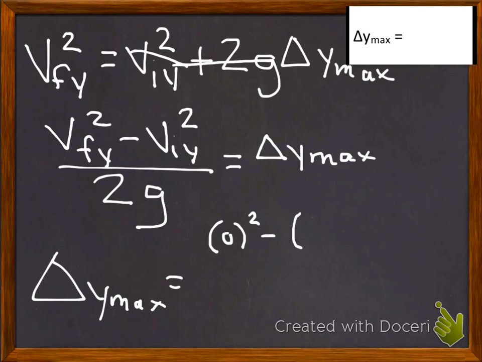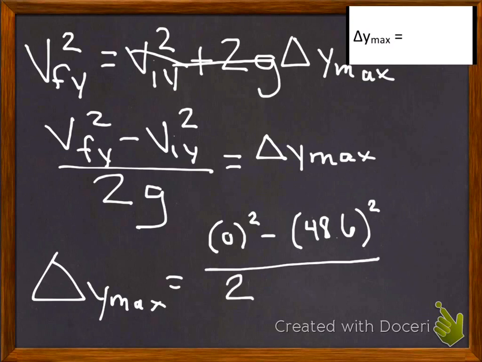So we have 0 squared minus 48.6. It's still starting from the same place, so we can use the same Viy. And we divide by 2 times negative 9.81 meters per second squared.